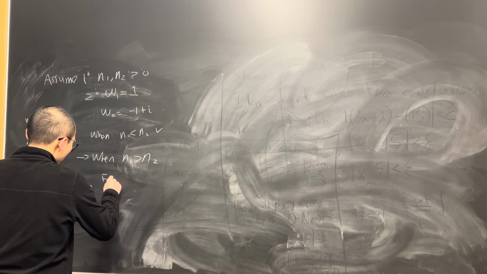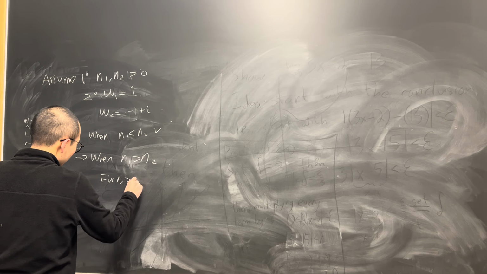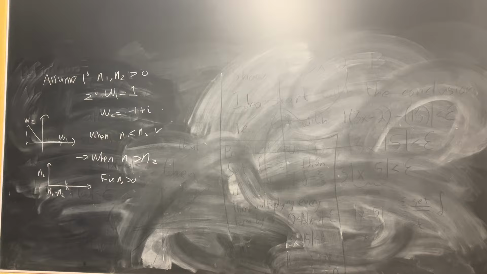So we fix N2. And then what happens if this N1 is getting bigger and bigger? Can we get a lower bound?